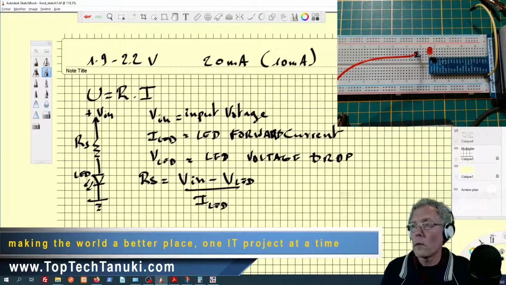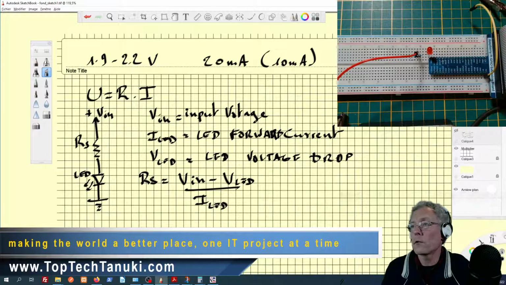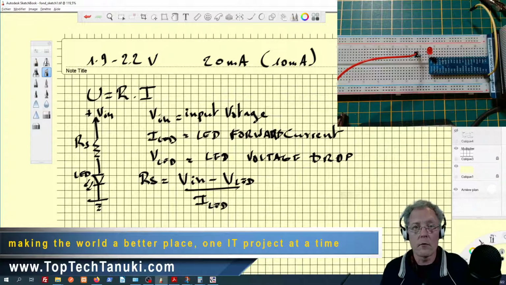So we know the resistor, we know the voltages, and what we want to check is that the current is not too high, because too high a current would burn the circuits.